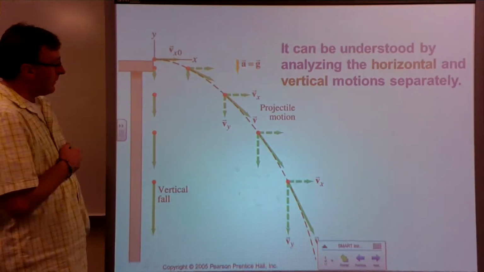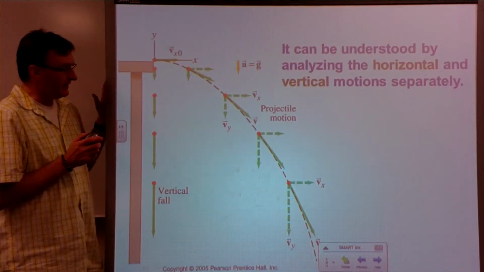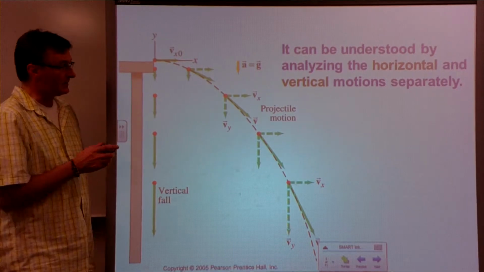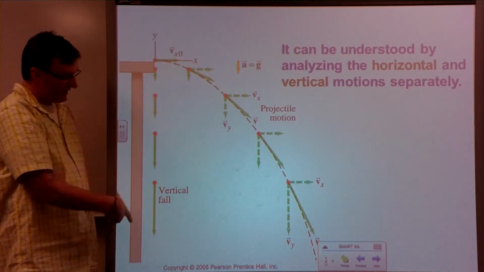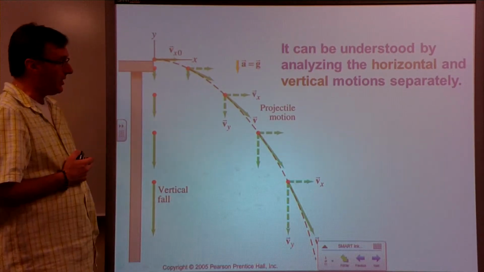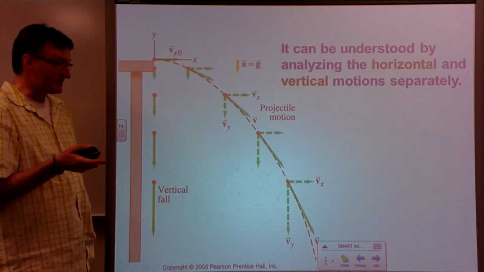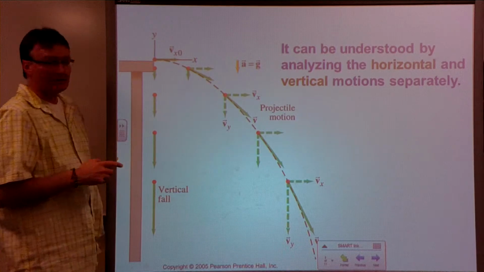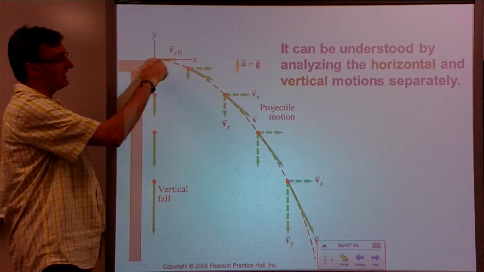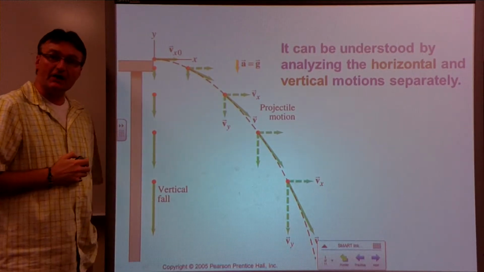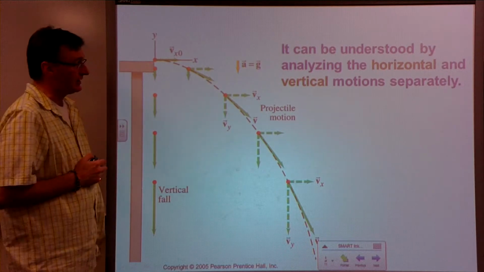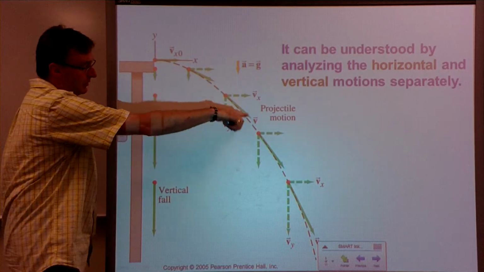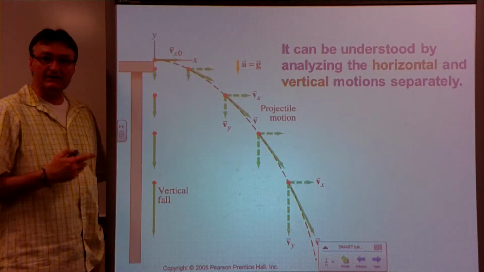So what we need to do in analyzing projectiles is look at the x component and look at the y component separately, because when something is launched and it's given a velocity component in the x direction, that velocity component will always be the same.